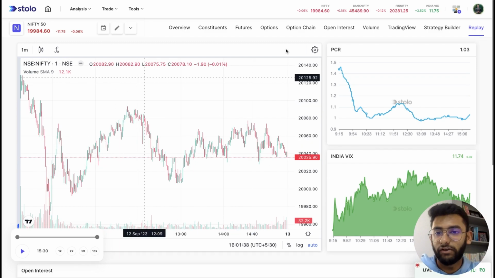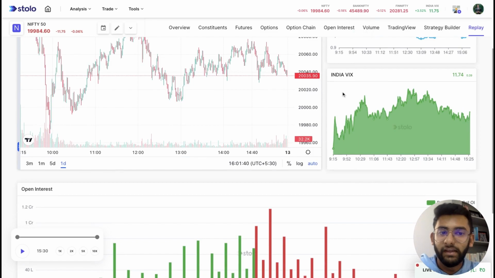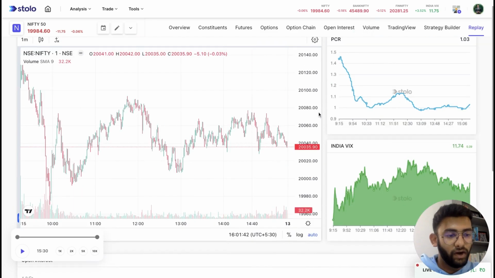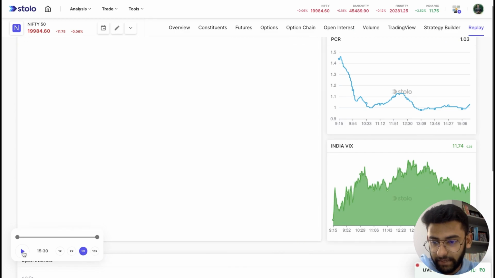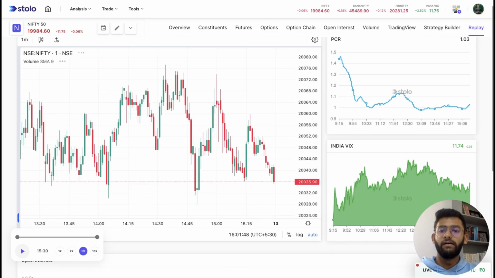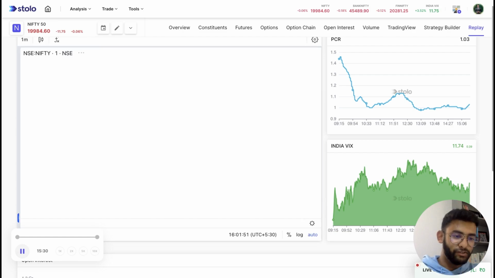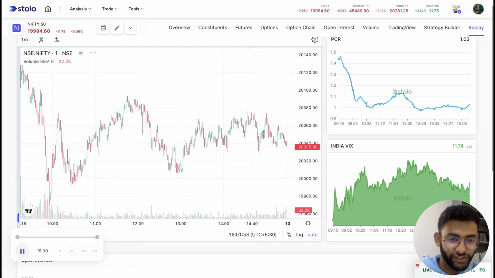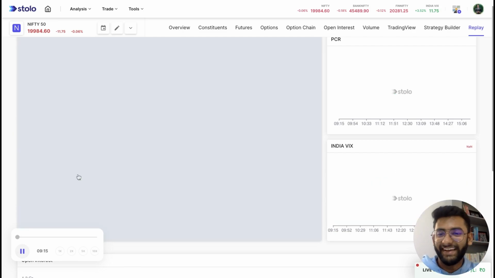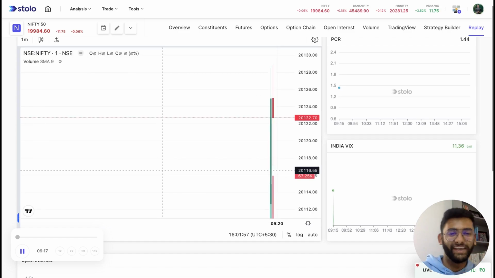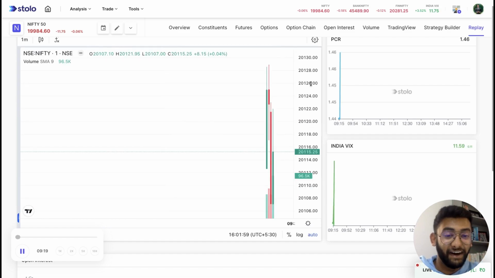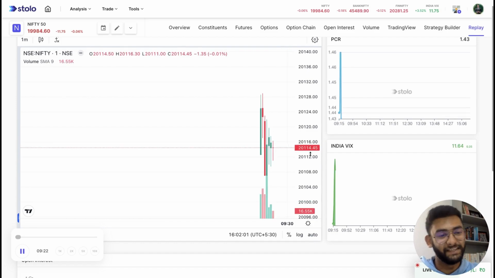So here we have your TradingView chart, you have your PCR, your India VIX, and your OI data, right? So if I click on 5x and let me click on play here, this is actually one more reason why I chose to do this after market, so that I can exactly show you how we can use this feature after market to backtest your strategy and more, right?